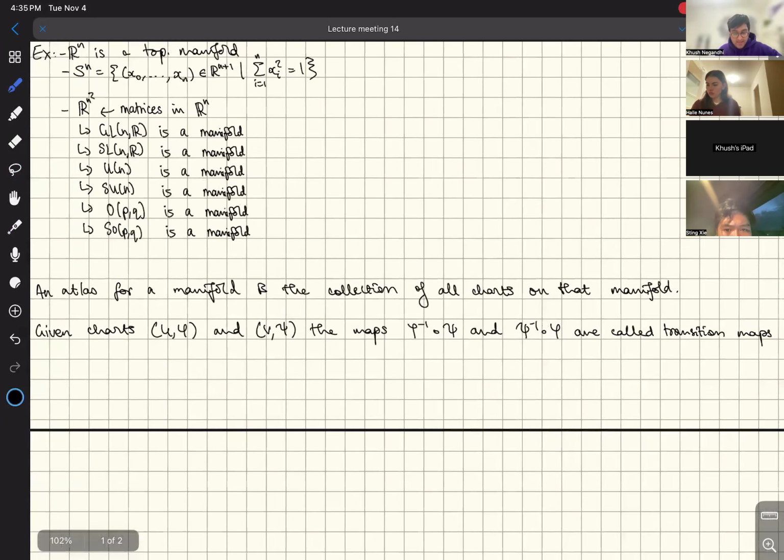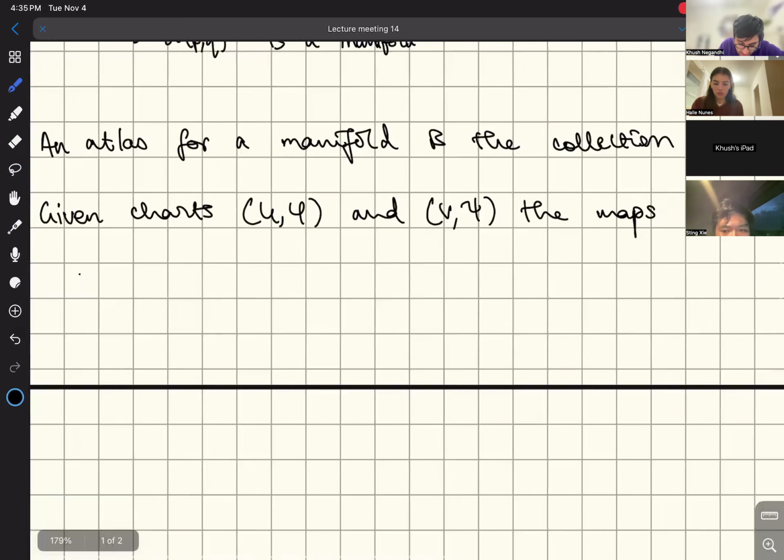To see why this is the case, let's look at the domains and ranges of these maps. Note that phi goes from U into U hat, and psi goes from V into V hat.